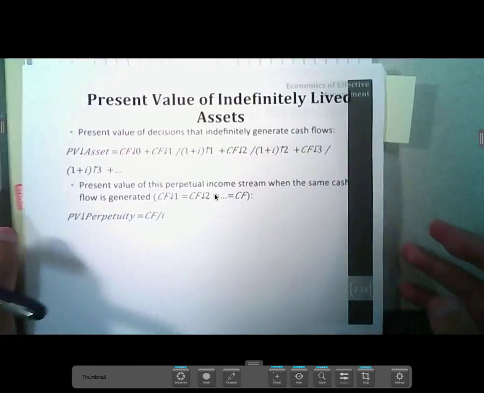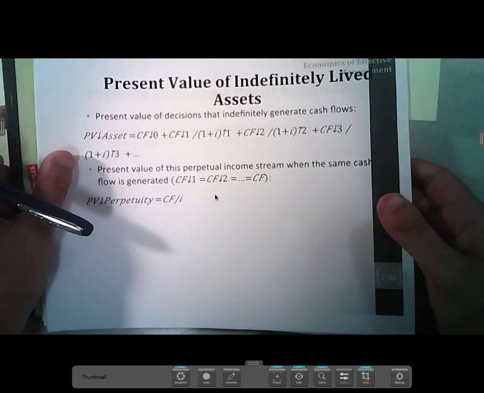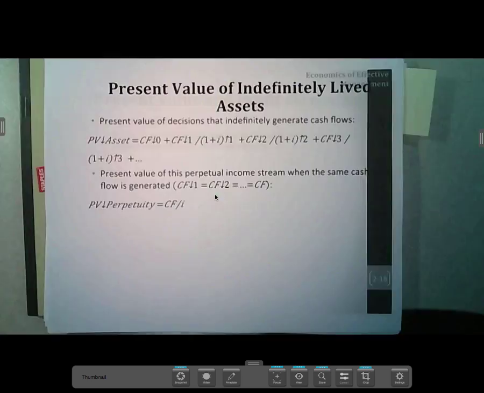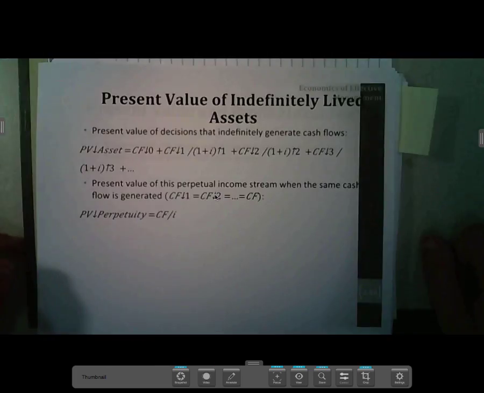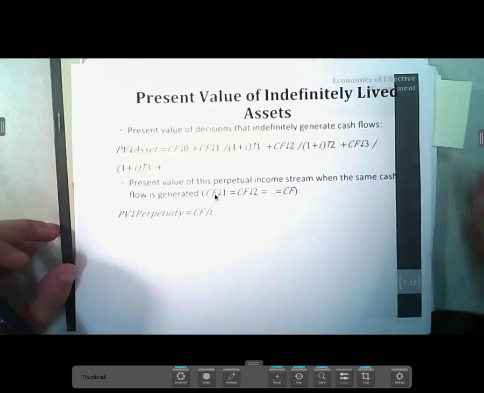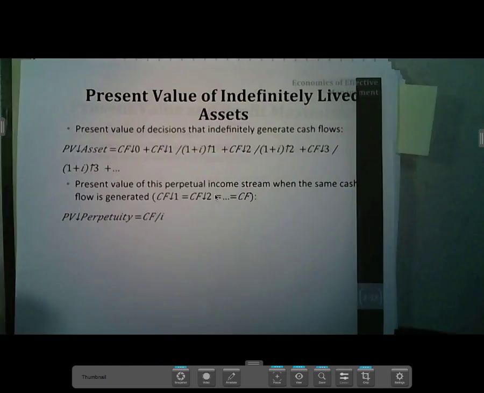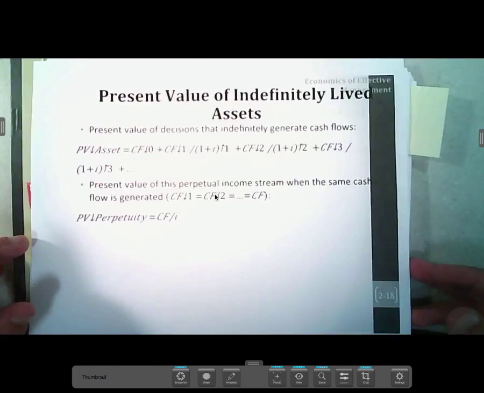Now the discussion changes if my asset is something that can exist forever, has a perpetual value. At least you can see that I'm not a professional videographer.